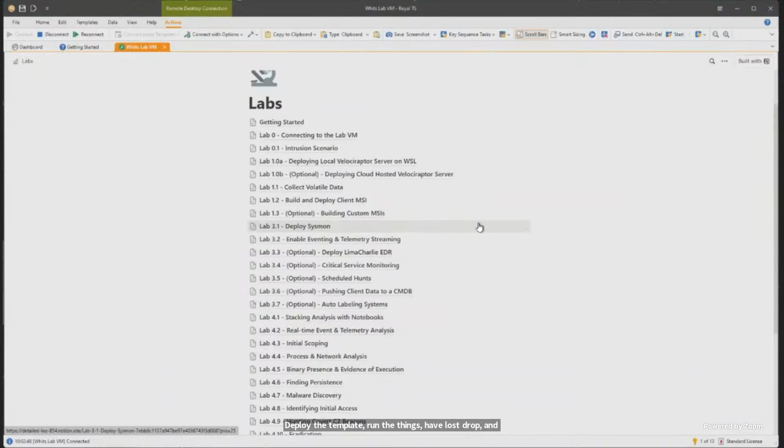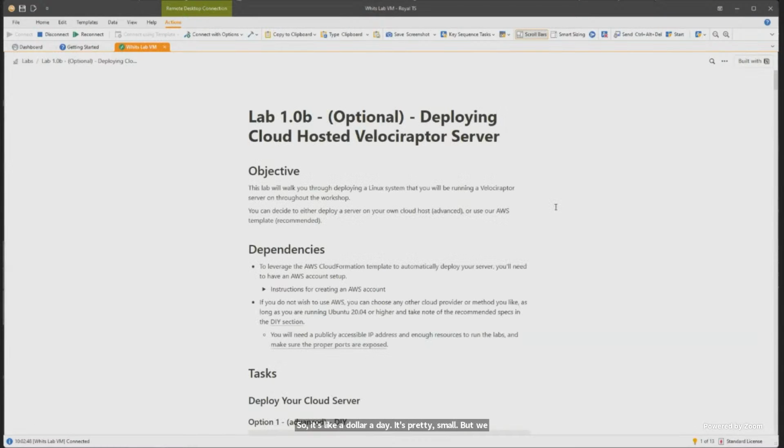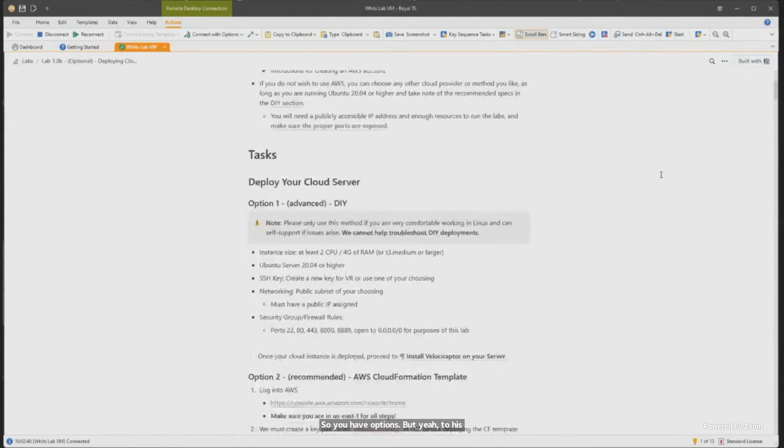So that is still an option, and there's obviously a cost associated with it because it is AWS. It's like $1 a day, pretty small. But we didn't want that to be a requirement for our course either. So you have options. But to his point, this is definitely not how we'd be doing it in production.